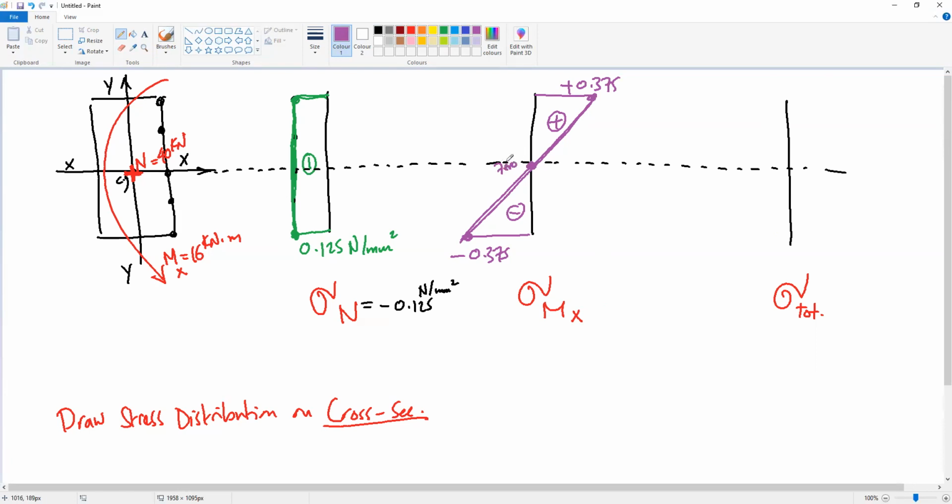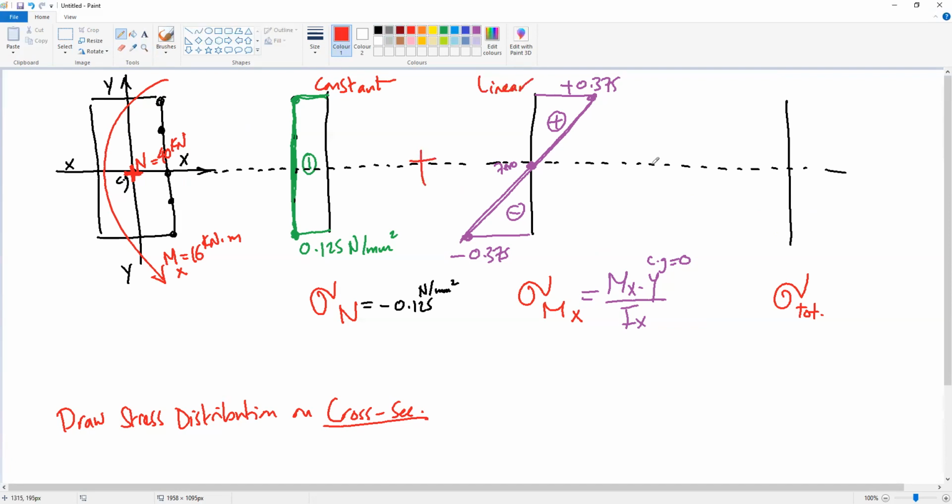Why is the value here 0? Because sigma mx equals mx times y divided by ix. At CG, y equals 0, so the stress should be 0. So the stress from normal force will be all the time a constant value. The stress due to moment will be all the time a linear value.